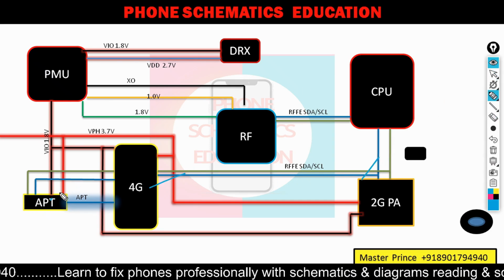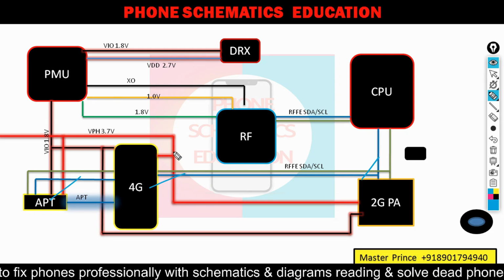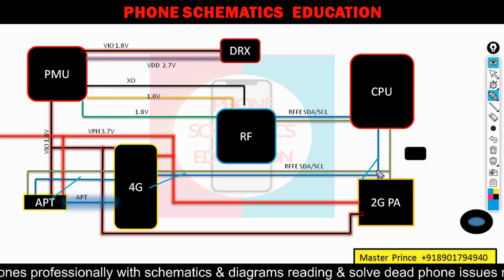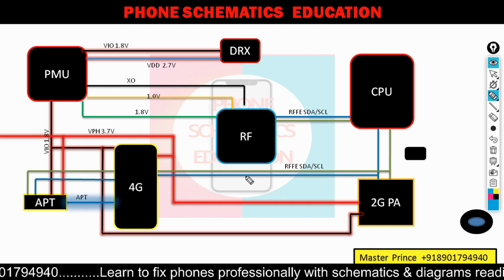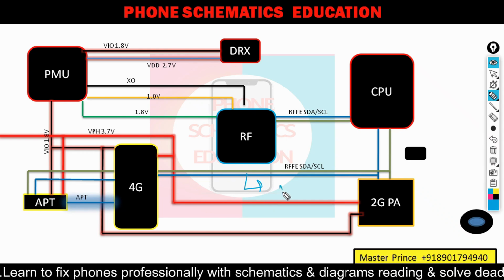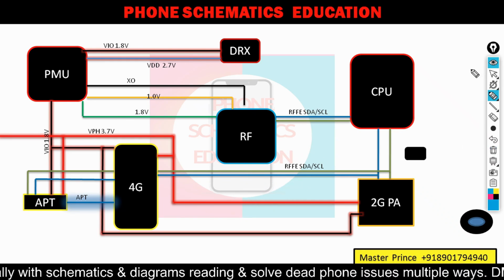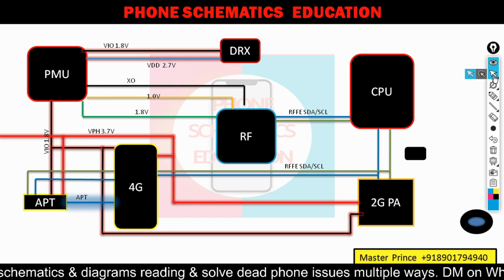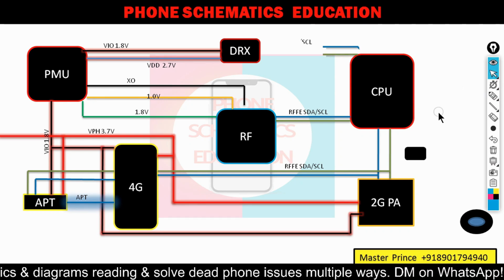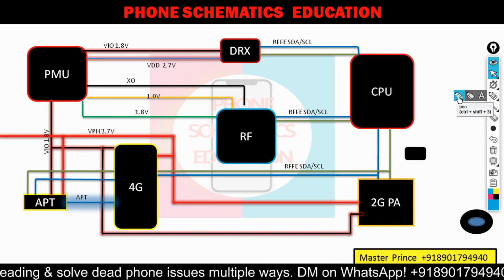Right here, right here, right here: SCL, SDA. So this is also an important line, the RFFE lines. First check the diode value here. Next, the CPU communicates with the DRX IC also.